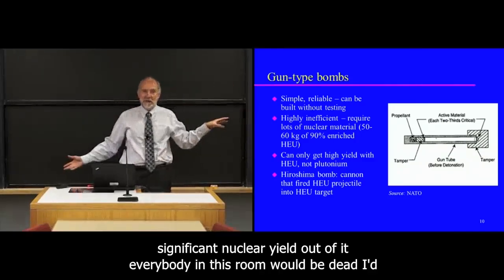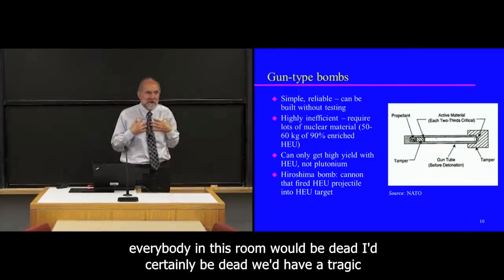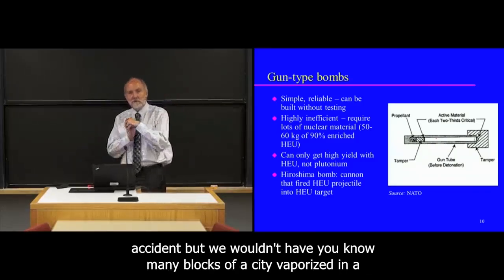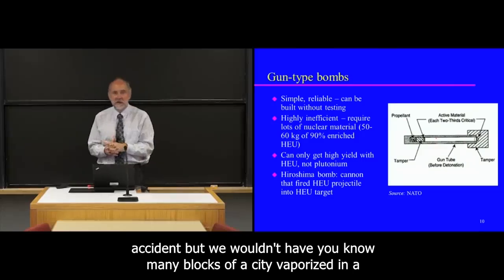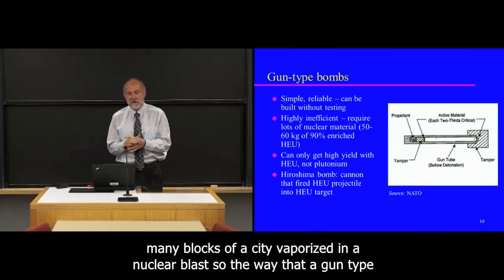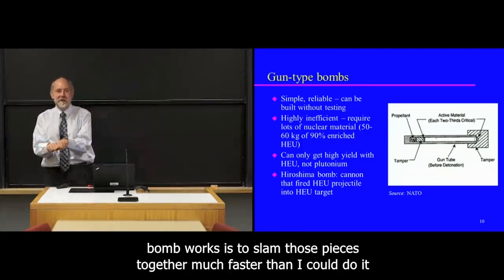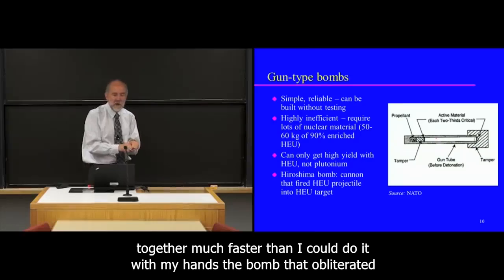Everybody in this room would be dead. I'd certainly be dead. We'd have a tragic accident, but we wouldn't have many blocks of a city vaporized in a nuclear blast. So the way that a gun-type bomb works is to slam those pieces together much faster than I could do it with my hands.